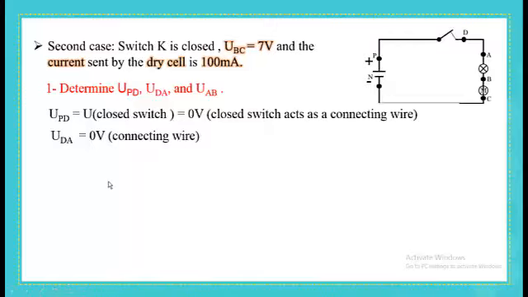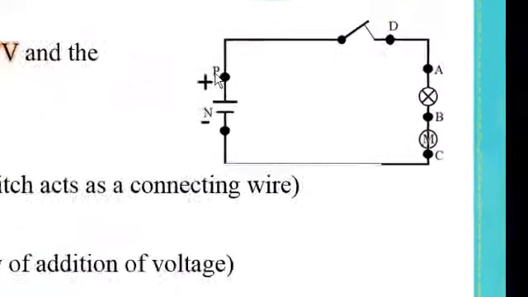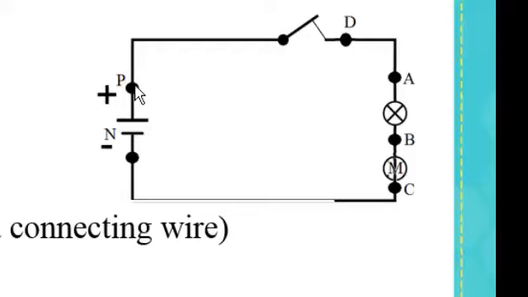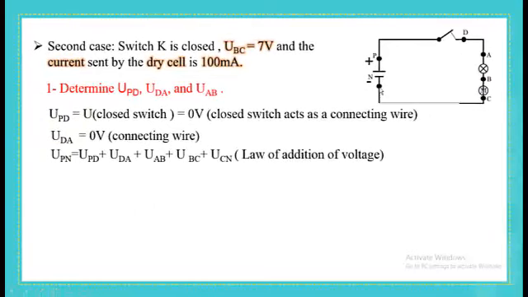Because of that, UPN is equal to UPD plus UDA plus UAB plus UBC and finally plus UCN. The second step is to substitute the known values.